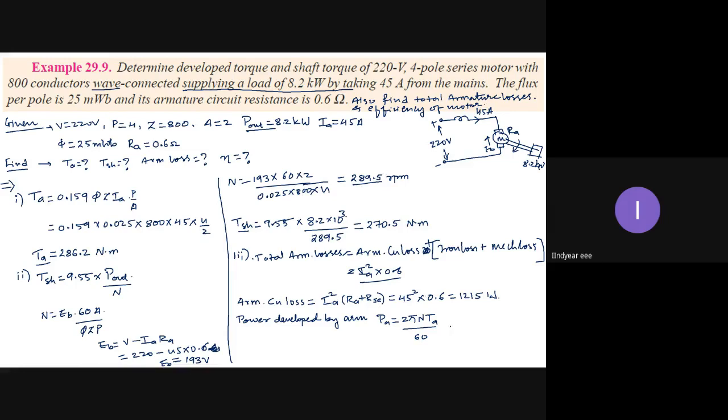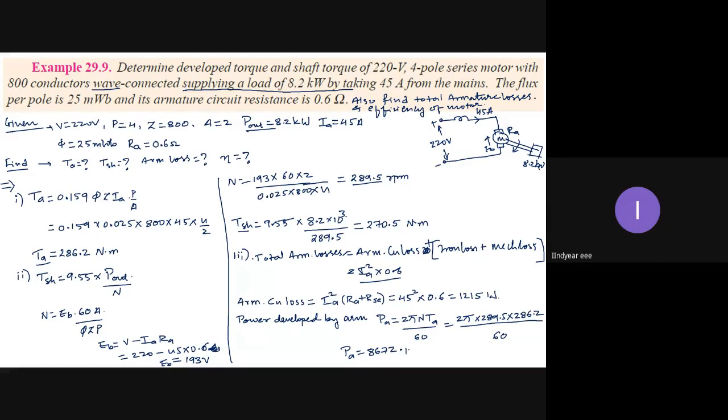So I can substitute 2 pi into 289.5 into TA, where TA is 286.2, divided by 60. So this is the power developed, and this comes out to be 8672.14.